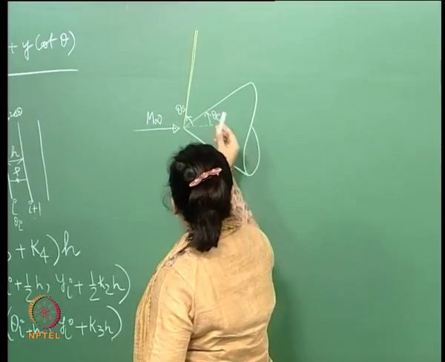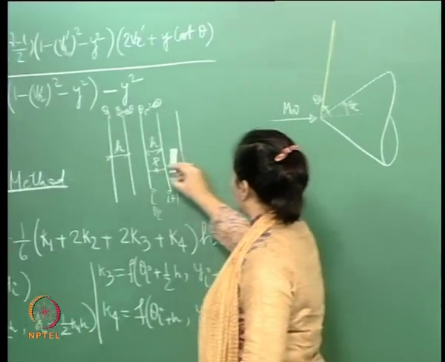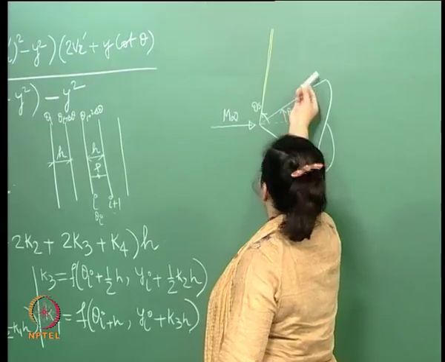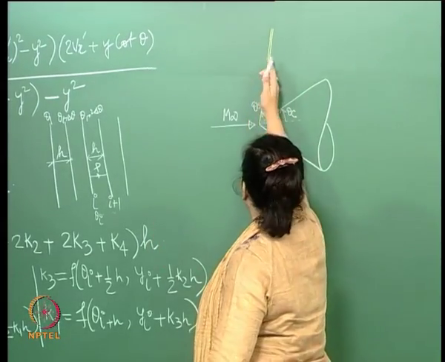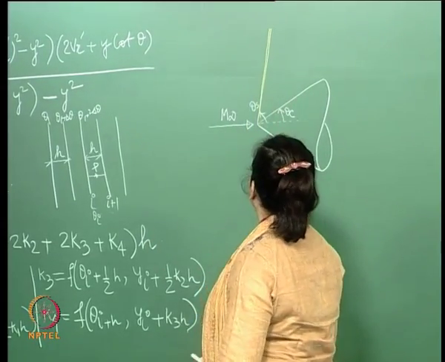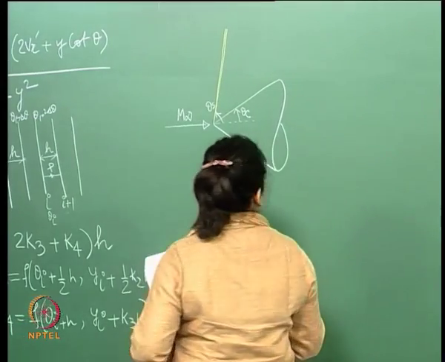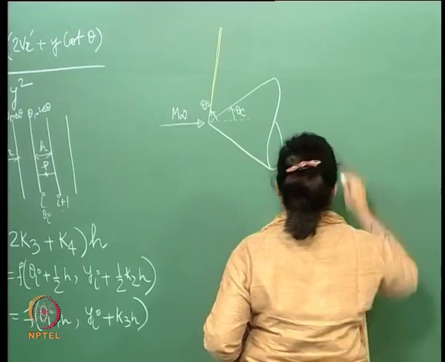So, our steps that I show over here are basically moving from one theta to the next theta and so on and so forth. We move away from the shock towards the surface of the cone. So, let us start.